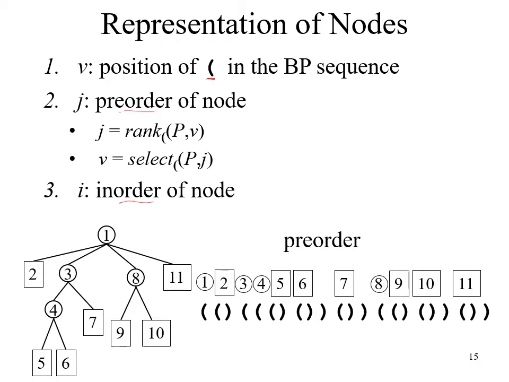The pre-order is just to count the number of open parentheses. And from the pre-order to the position, we can just compute select. And this in-order is important for suffix trees, so we need to compute this.